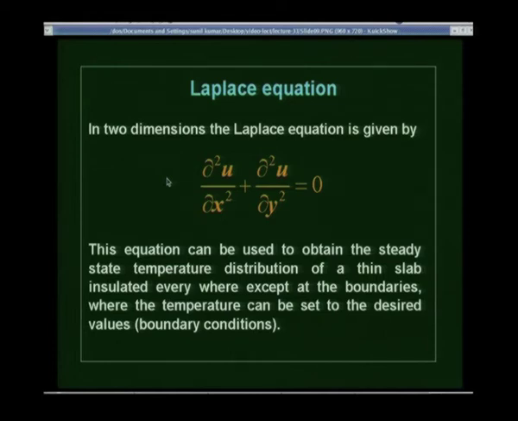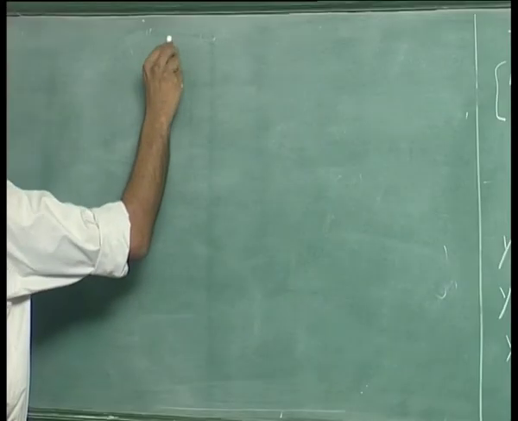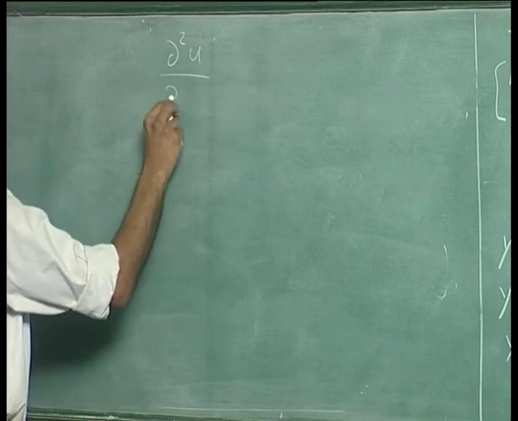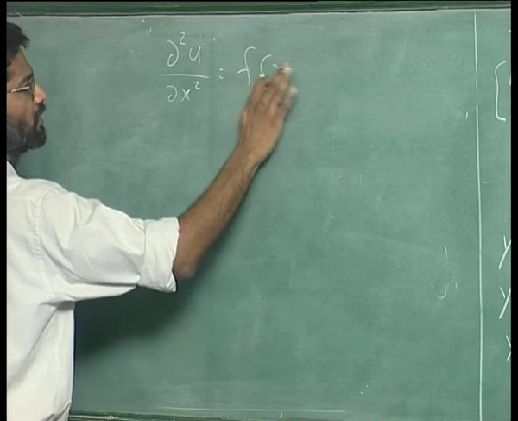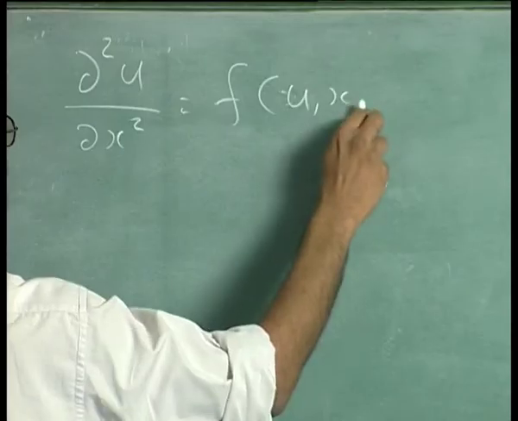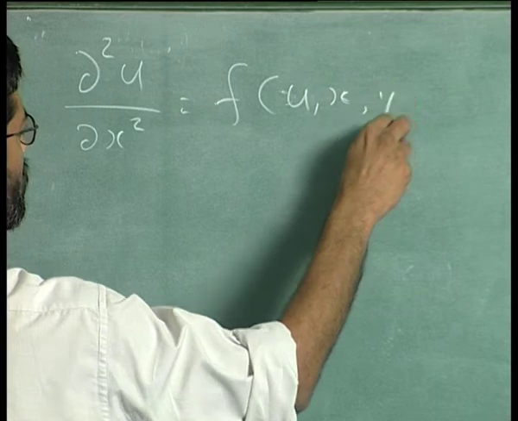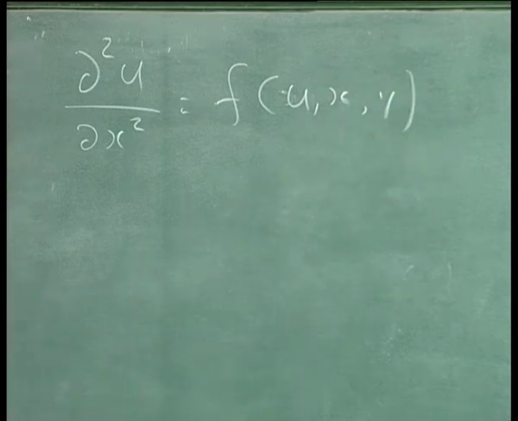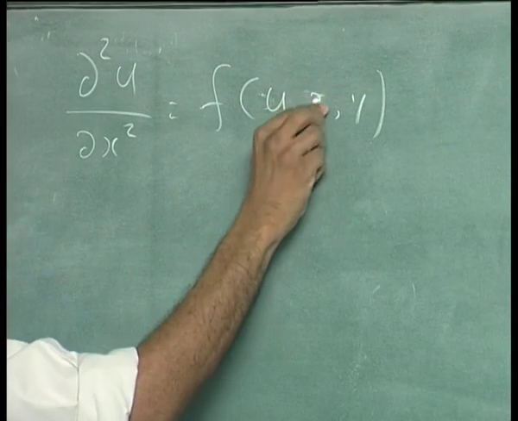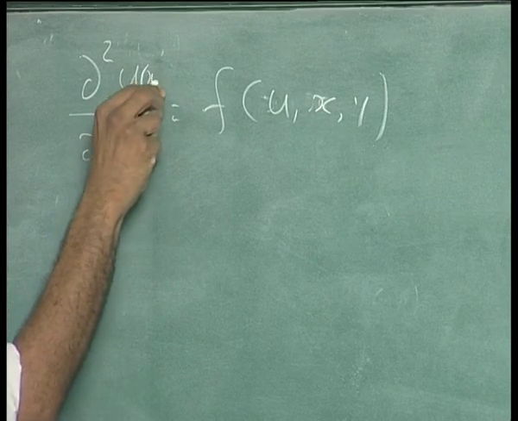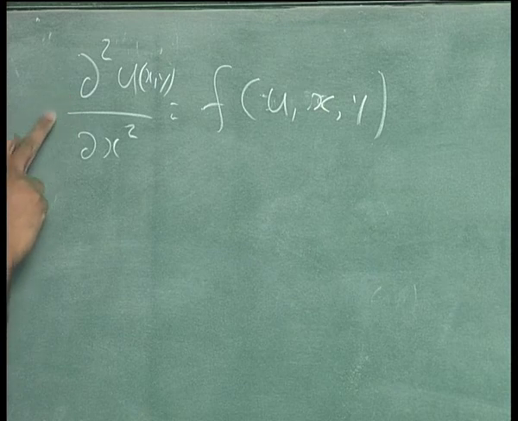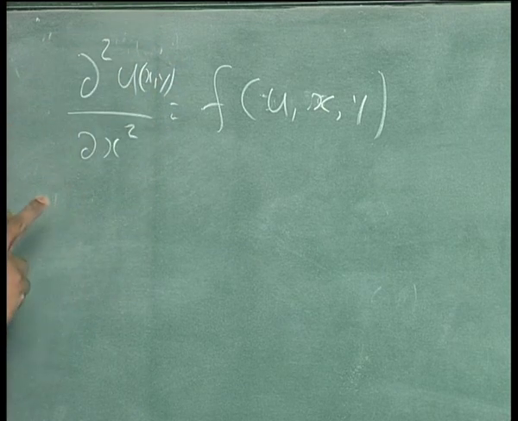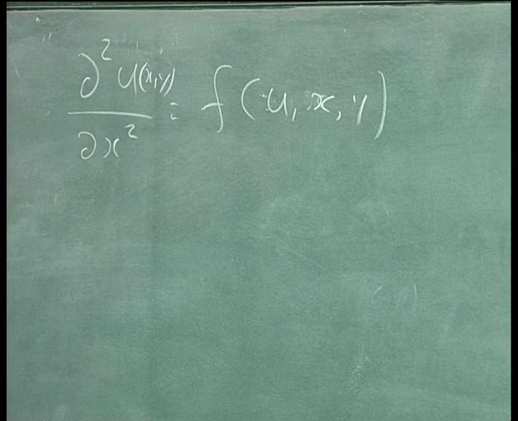Let's say we have an equation of del squared u by del x squared equal to some function of u, x and y, where u is a function of x and y. Then we would replace this derivative by its discrete derivative.